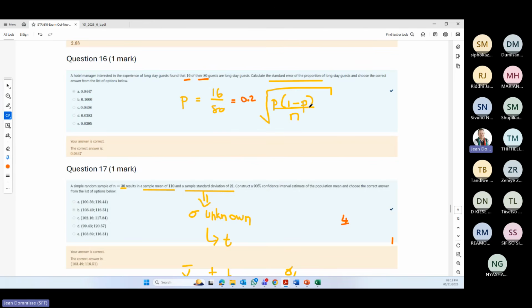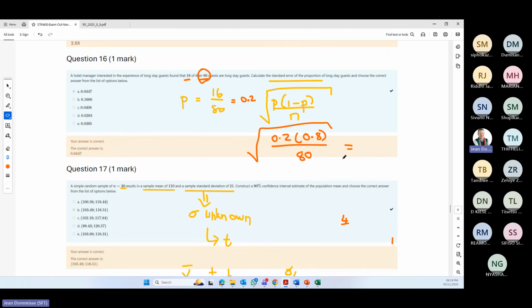So that's simpler to work with. 0.2 times 1 minus 0.2 is 0.8. That divided by the sample size, which is 80, and we square root that.